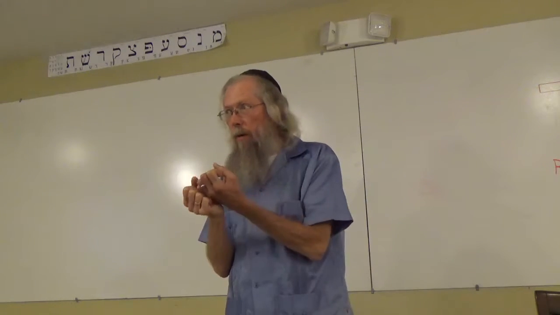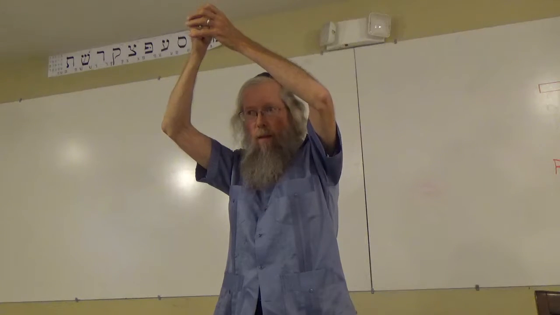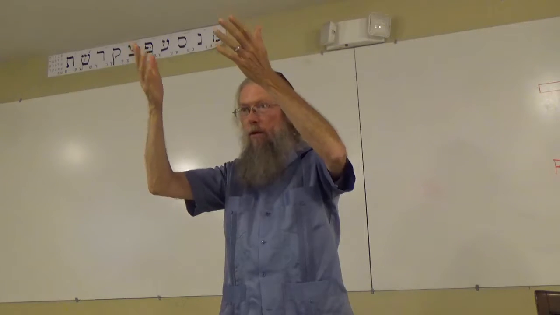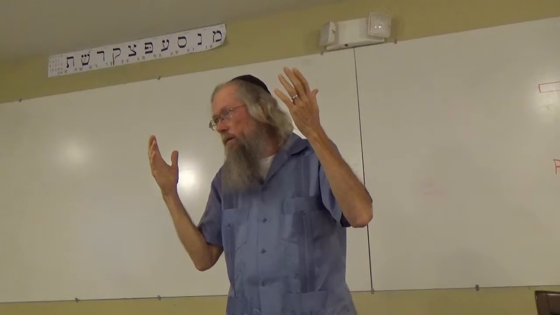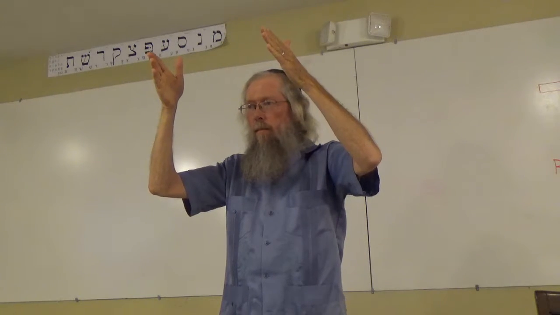Make a bronze serpent and put it up on a stake. Correct? And if they look up to the serpent, strange, sounds kind of pagan, you look up to the serpent and you will be healed.